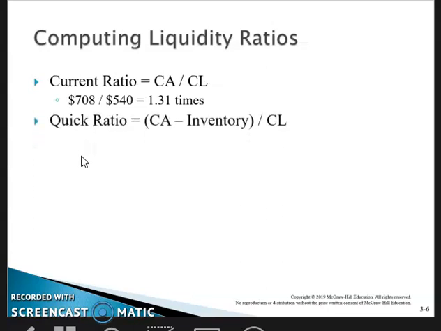The next ratio is a quick ratio. For the quick ratio, we take out inventory. So it's just the current ratio, but we subtract out inventory from the current assets. The reason being, as I mentioned previously, inventory can be illiquid. My favorite example is the iPhone 6 versus the iPhone 11.